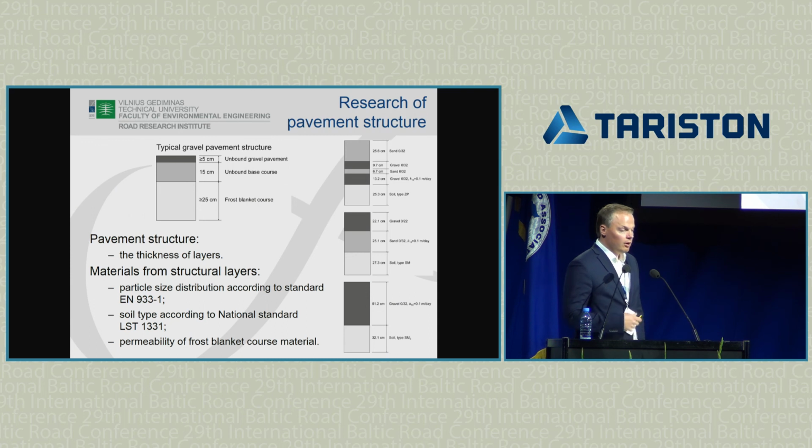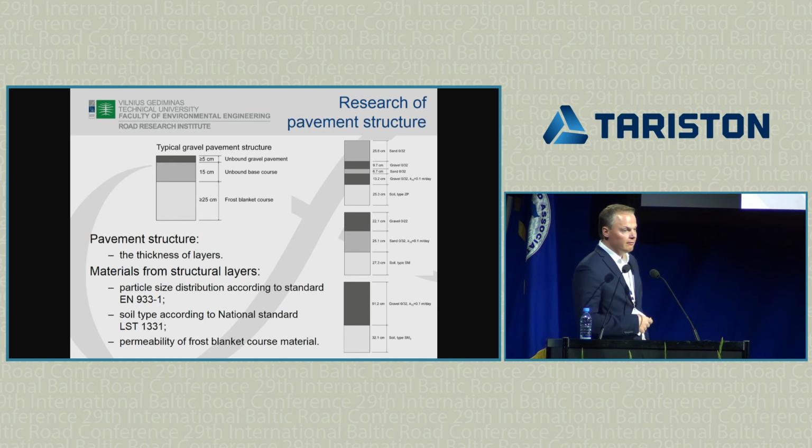The second stage is about pavement structure. We can see the typical pavement structure. Here is presented what we usually use for new gravel roads, although we actually do not build new gravel roads.